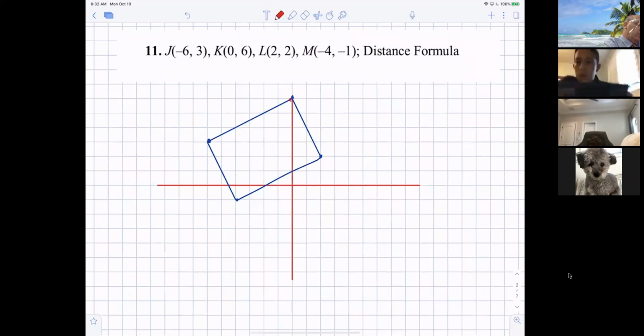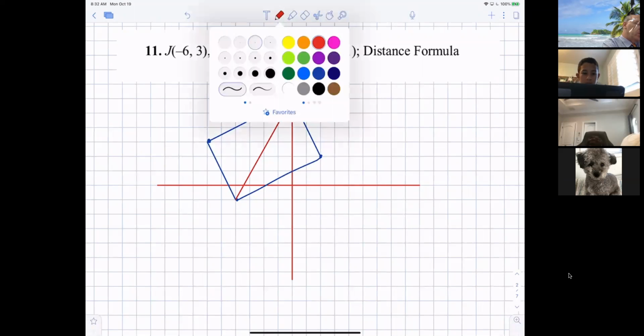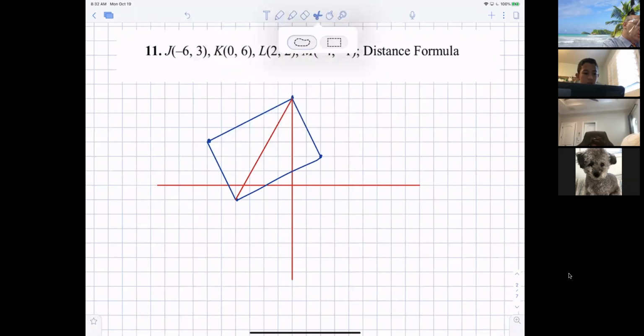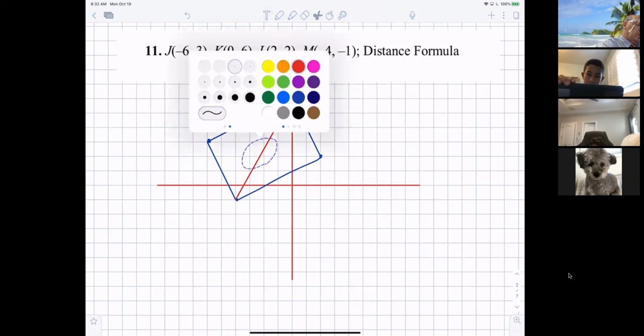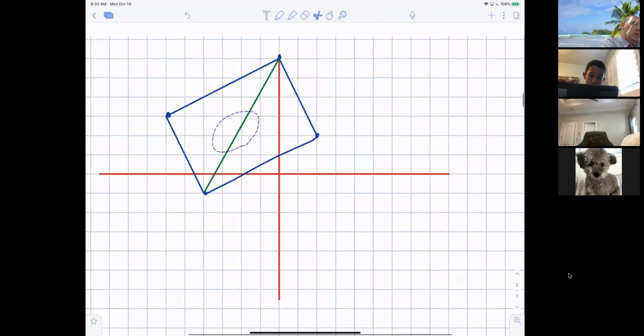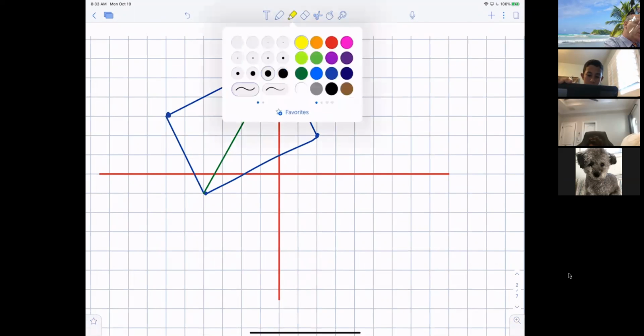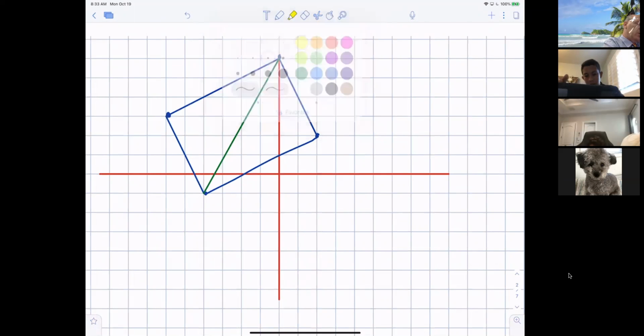Now again, remember what I tried to tell you, it's just the Pythagorean theorem, right? All right, so let's look. I'm trying to make this the triangle, right?